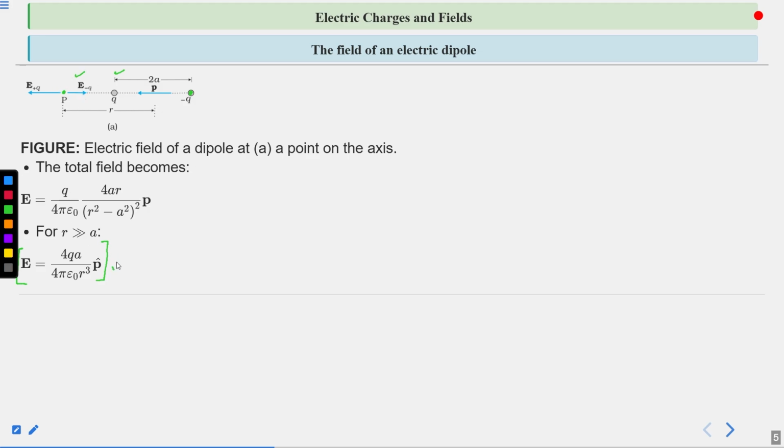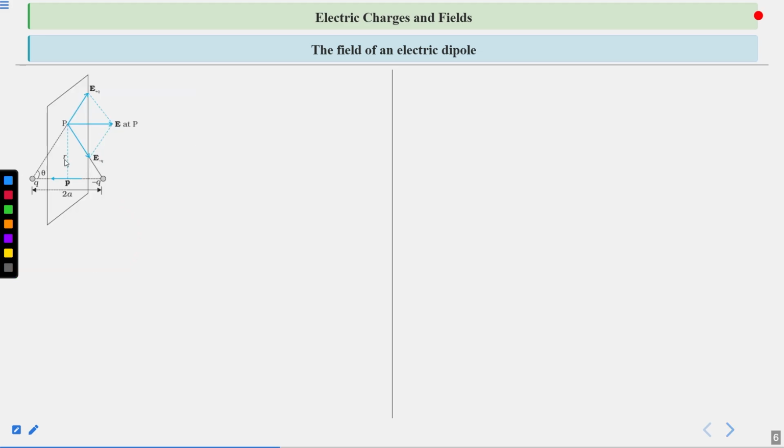So this is the net electric field when R is greater than a. Now we will calculate the electric field at a different position.